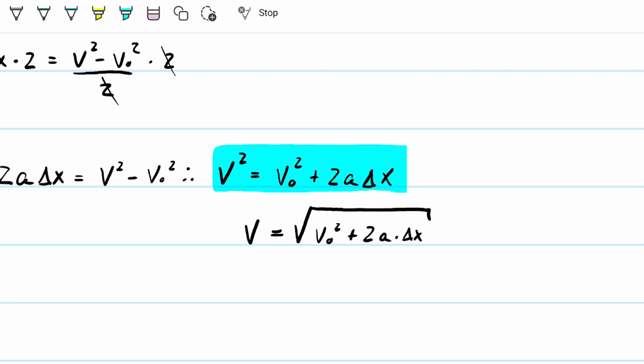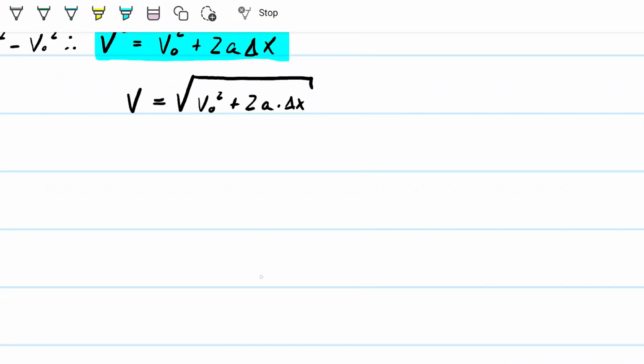And another form that you see this equation often taking is, like I was saying, when you have a vertical object going up or down, and the only force being applied is gravity, then the equation is going to be basically v equals, if I'm keeping it that way, the square root of v naught squared plus 2 times gravity, which takes the place of the acceleration, because that's the only acceleration we have in these types of problems.